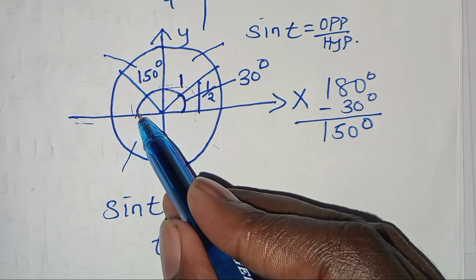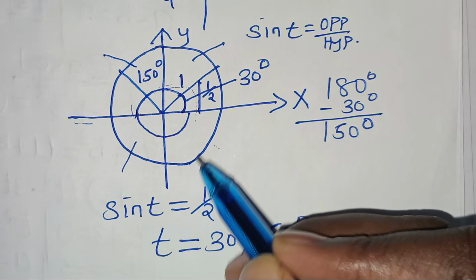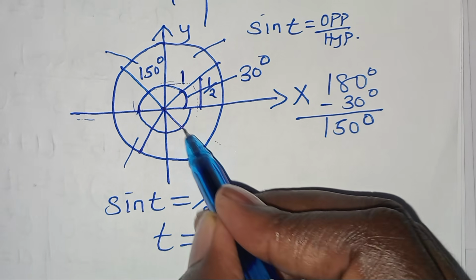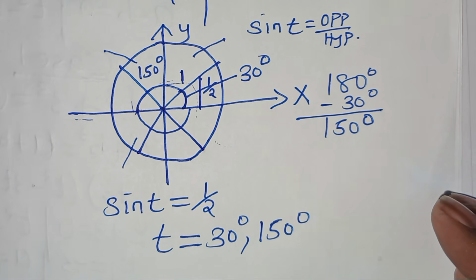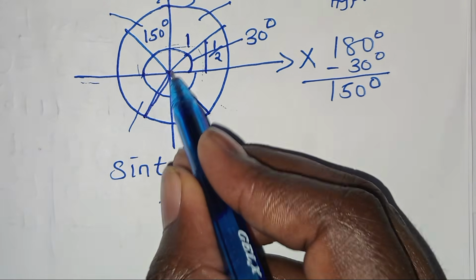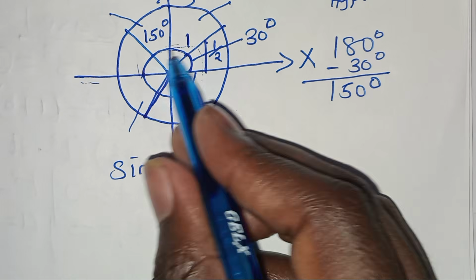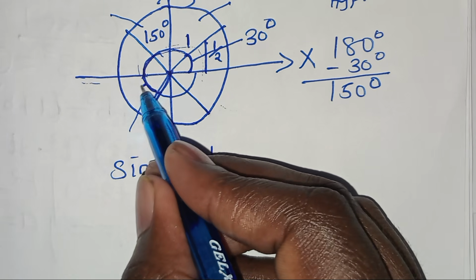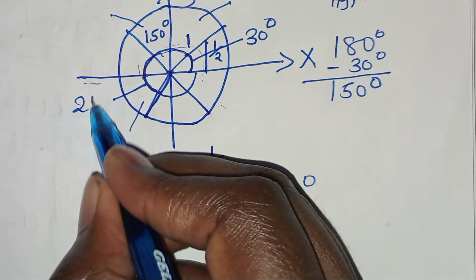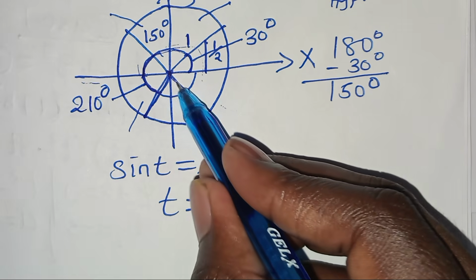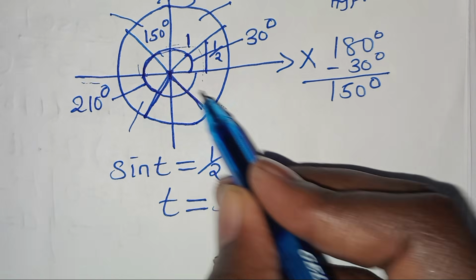These are the angles below the plane, so here we have the third quadrant and also the fourth quadrant. In the third quadrant, we have 180 degrees plus 30 degrees, which is 210 degrees.